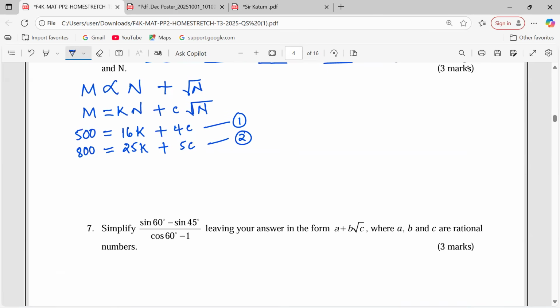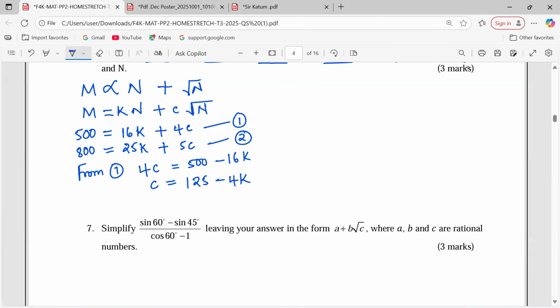Simple. So now from equation 1, we can express the value of C, whereby we can first say that 4C equals 500 minus 16K. C equals 500 over 4, we get 125, minus 16 over 4, we get 4K.